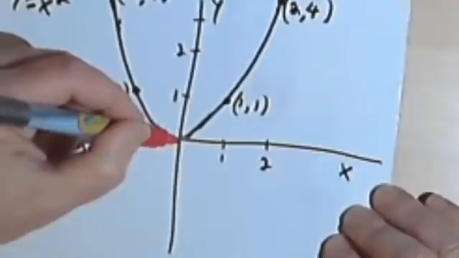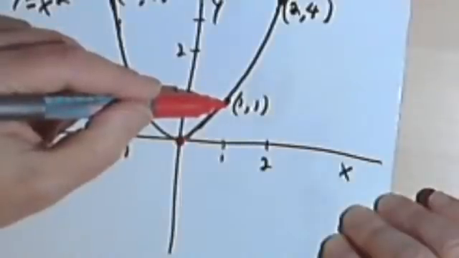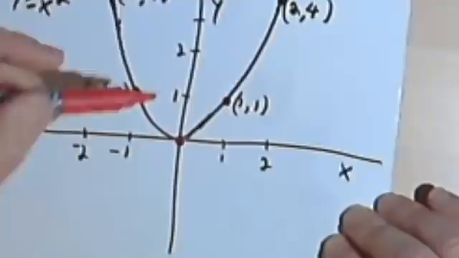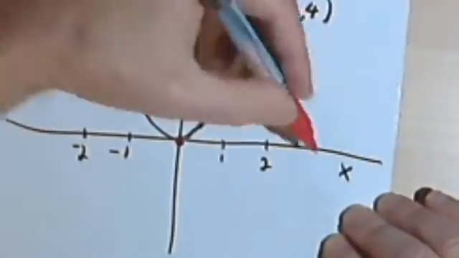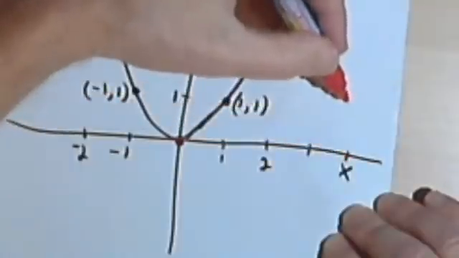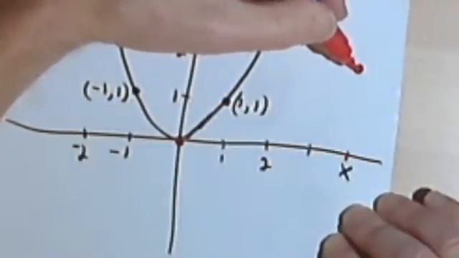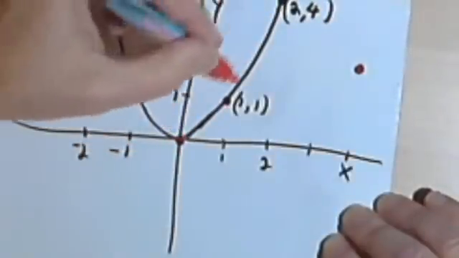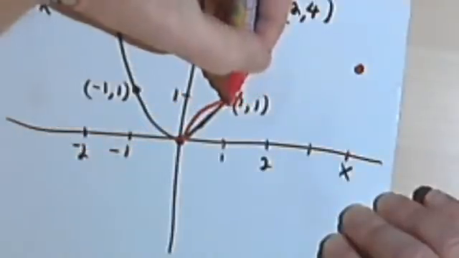So I know I'm going to have a point here on my new graph. And if I invert this 1, 1, I still get a 1, 1. If I invert 2, 4, I get 4, 2. So let's see, that would be out about here somewhere. So the inverse of this curve here would look something like this.